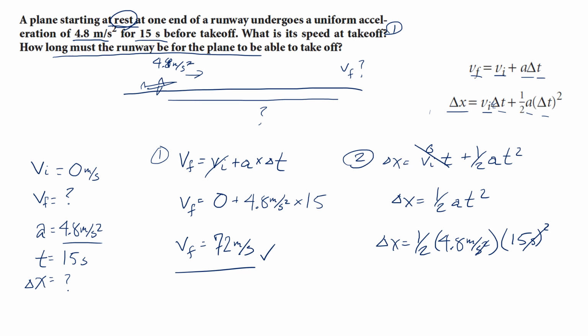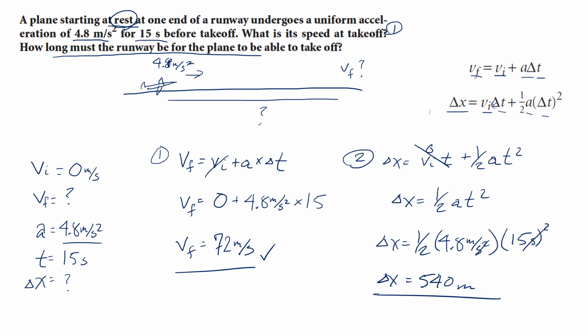We're going to be left in meters. 15 squared is equal to 225, times 4.8 divided by 2. I got a delta x of 540 meters, or around half a kilometer.